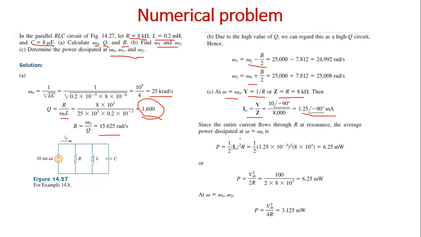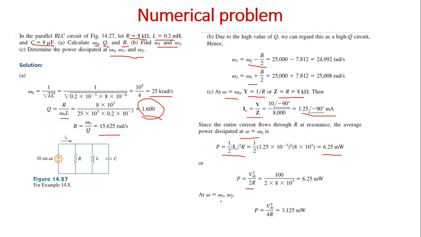So the average power dissipated at omega equal to omega naught is half I naught square R. So substitute the value of I naught and find out the value of power. Or we can employ this formula, that is P is equal to Vm square by 2R.